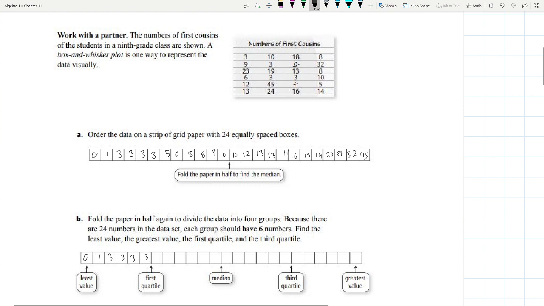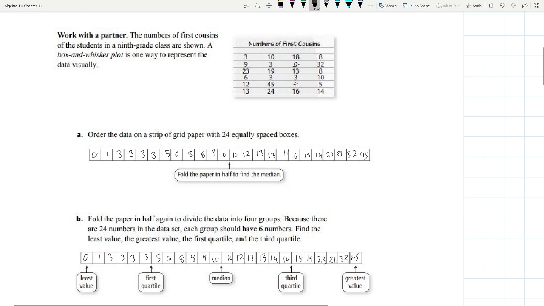Probably could have just copied and pasted. 5, 6, 8, 8, 9, 10, 10, 12, 13, 13, 14, 16, 18, 19, 23, 24, 32, 45. I did one too many 13s.